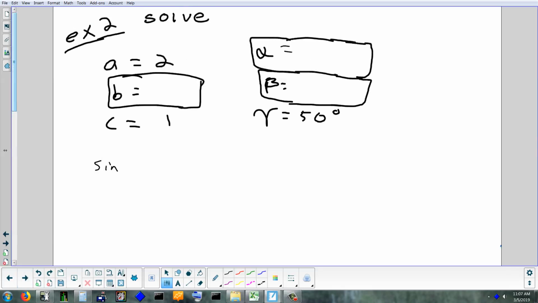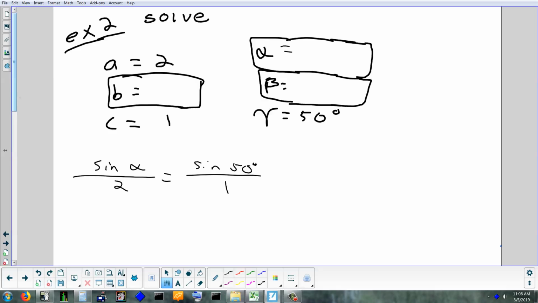So we're going to have sine of alpha over 2 equals sine gamma over 1. Now let's fill in 50 for gamma. Because 50 is just divided by 1, when you cross multiply, all you're going to end up with is sine alpha equals 2 sine 50.